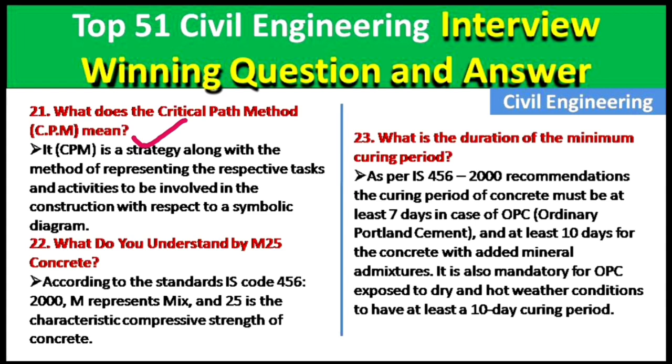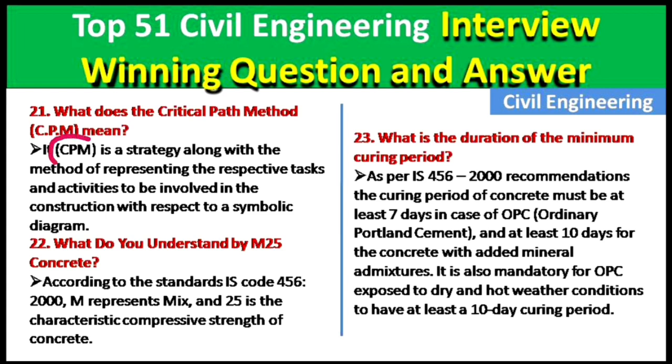Point number 21 is what does the critical path method, CPM, mean. If you are a civil engineer, then you have read this CPM and PERT method to analyze the work on the site. Okay, so CPM is the strategy along with the method of representing the respective tasks and activities involved in the construction with the help of a symbolic diagram.